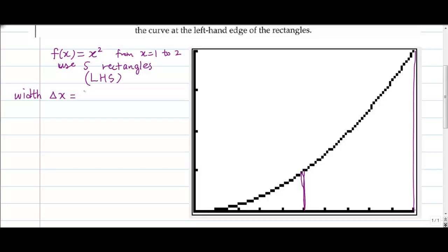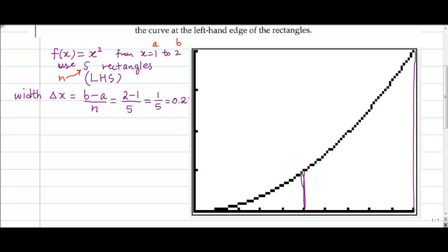The formula for delta x is b minus a over n, where n stands for the number of rectangles. So here that's 2 minus 1 over 5, where a and b are your interval and n is 5, and that gives me 1/5, which is 0.2.